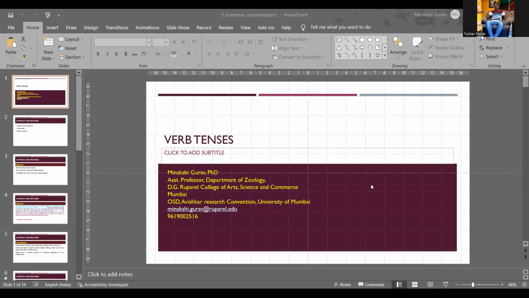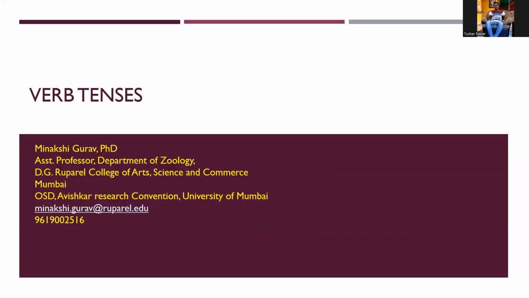Yeah, so let me speak about the grammar considerations. Verbs and tenses. Now you can see how I have written my name. Why have I included both the names of college and university? Because it's my credentials, but of course my college and my university may take the credit whenever they need to project the work done by their staff.